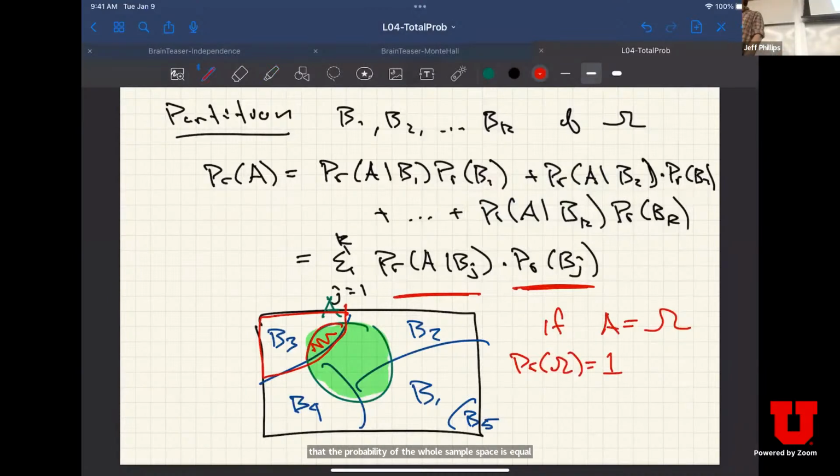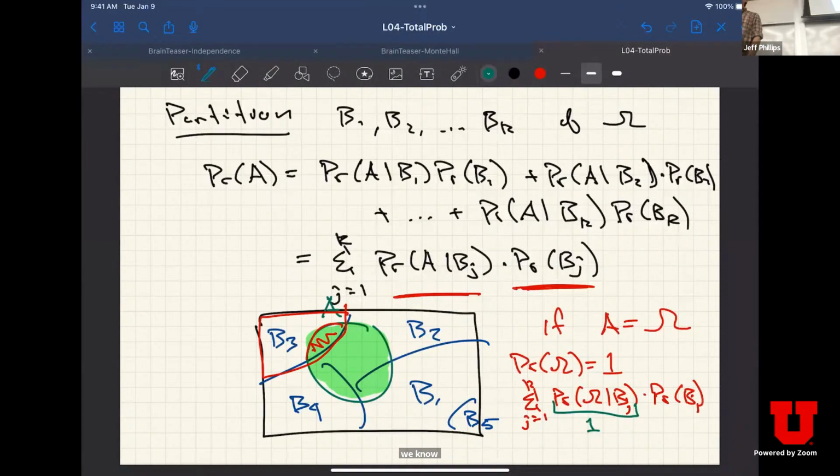So this sum, j equals 1 to k, of the probability of the entire sample space given Bj times the probability of Bj. Because it's the whole sample space, this term has to be 1. The Bj must be a subset of the whole sample space, so the probability we're in the whole sample space restricted to some Bj is 1.